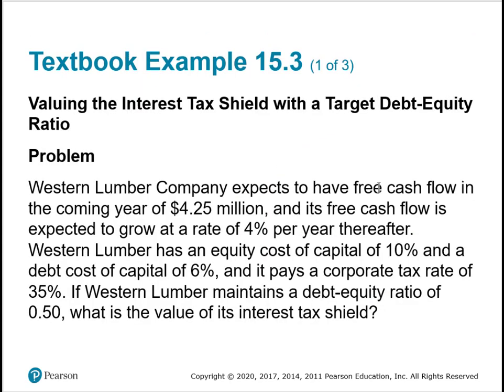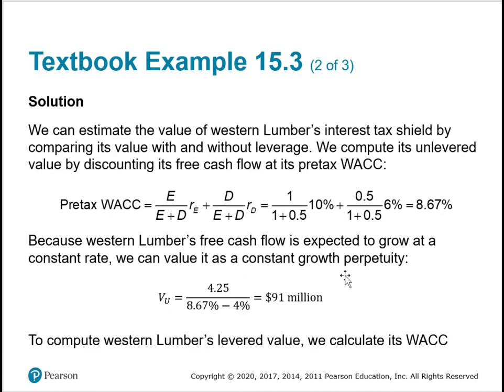So we have a company, they have free cash flow of $4.25 million. It's going to grow at 4% a year. Equity cost of capital 10%, debt 6%, corporate tax rate of 35%. They have a debt equity ratio of 0.5. So what is the value of the interest tax shield?